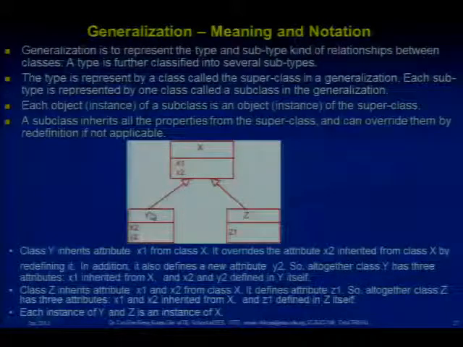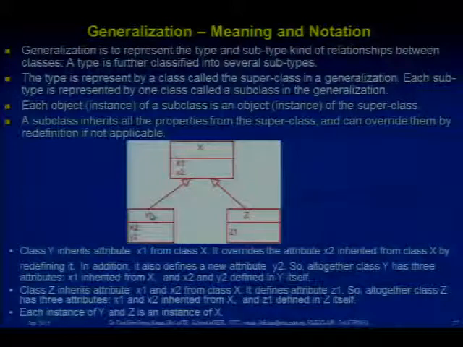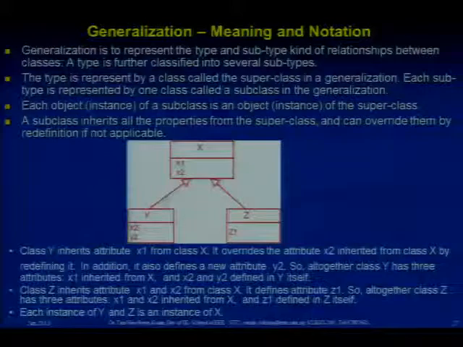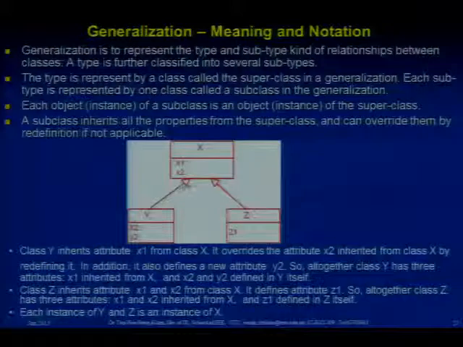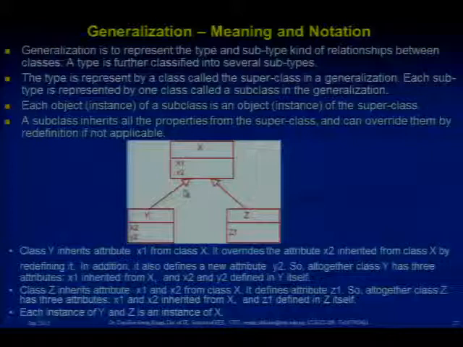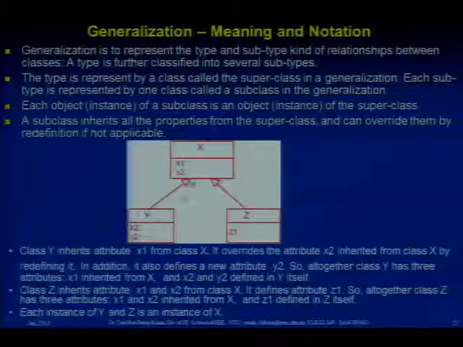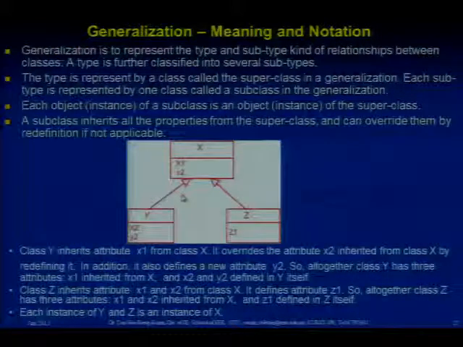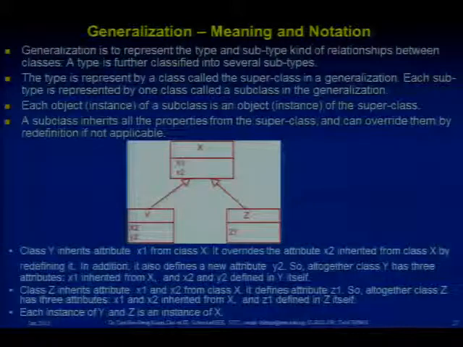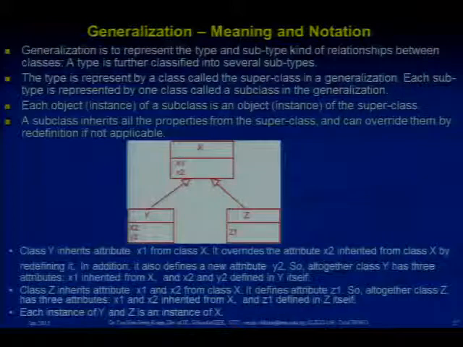We draw an arrow with a hollow arrowhead, pointing from each subclass to the superclass. If you see such notation, this is a generalization. Under this generalization, we classify the superclass X into two subclasses, Y and Z.